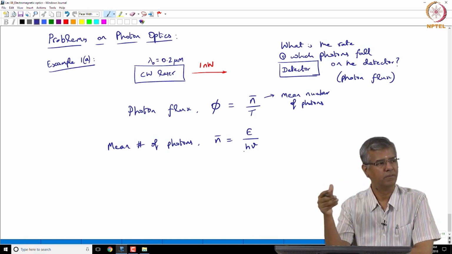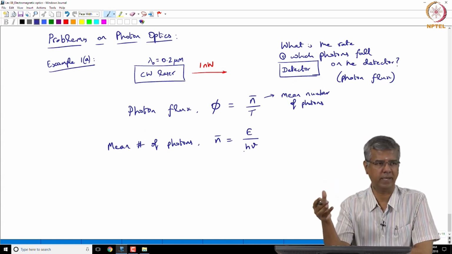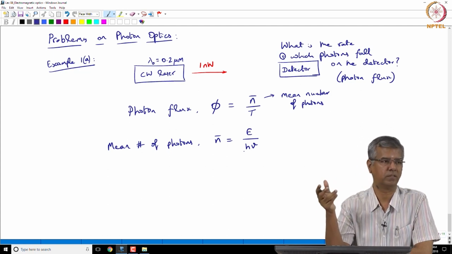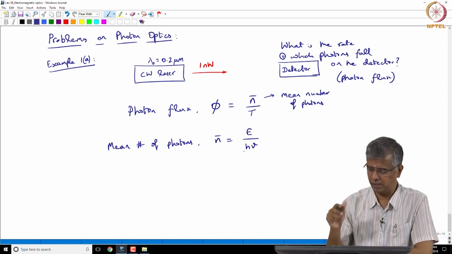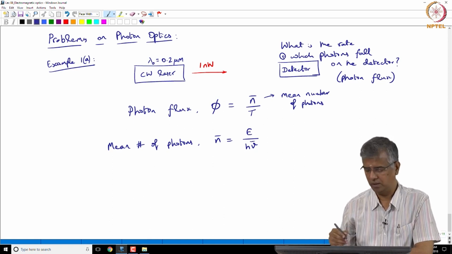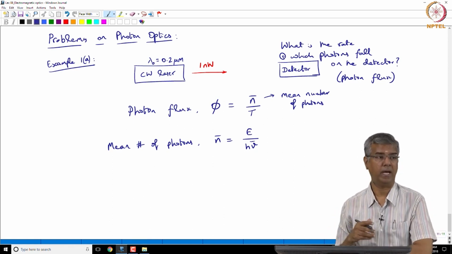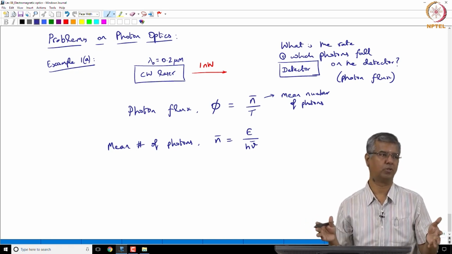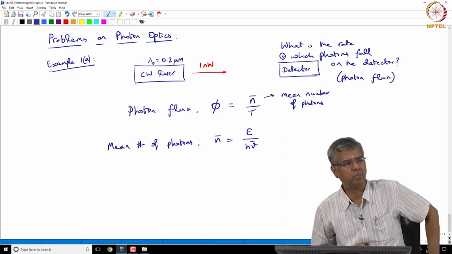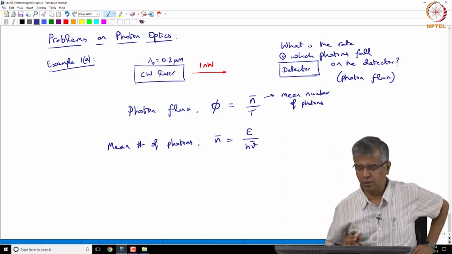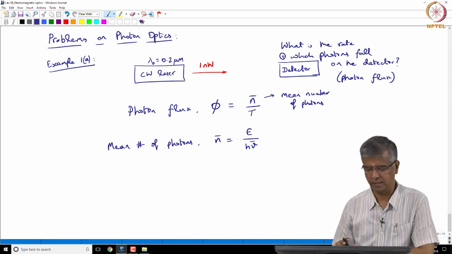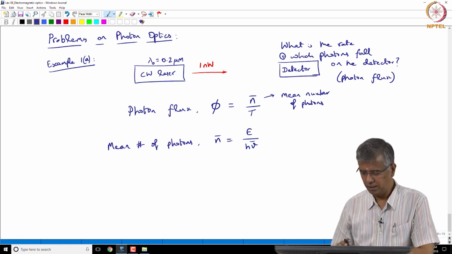So if you are given power or energy, you can figure that out in terms of number of photons. And of course, I say h nu, but I may also use h nu bar. Where would I use that? If I am given a broadband source, like what we were looking at yesterday, where your source has multiple frequencies in it, and then you have a central frequency. That center frequency you may take as nu bar.